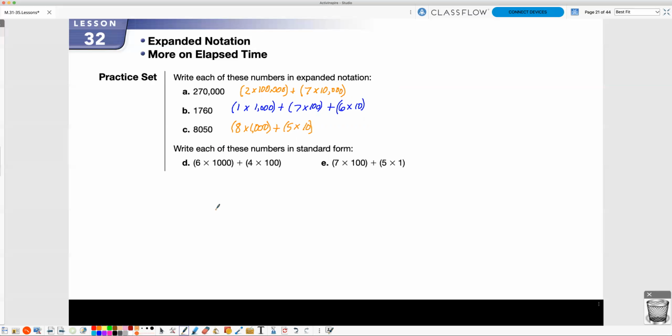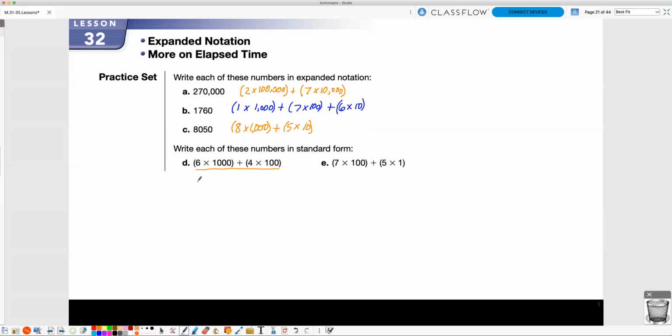Letter D, write each of these numbers in standard form. In this case, you're just taking this expanded notation and writing the standard form of the number. It's going to be 6 times 1,000 plus 4 times 100, and whatever you get for the answer to those problems.